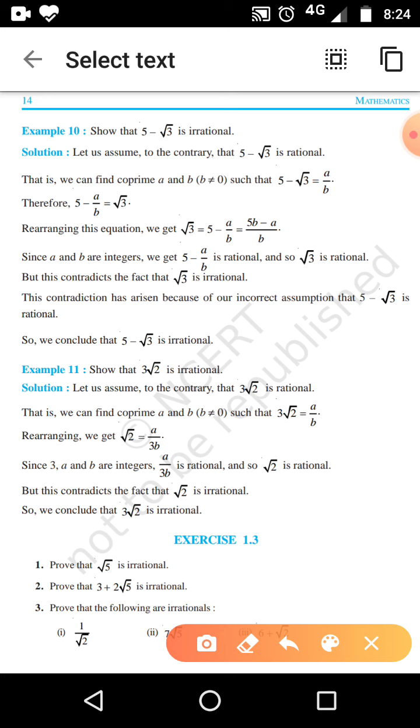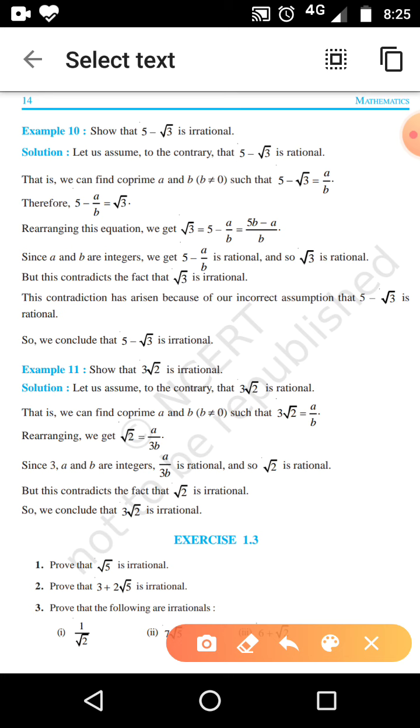This is equal to root 3, and you know very well root 3 is irrational. So 5 minus a by b is never equal to root 3. That is, a rational number is never equal to an irrational number, and that's why our supposition is wrong that 5 minus root 3 is rational. Hence 5 minus root 3 is an irrational number.